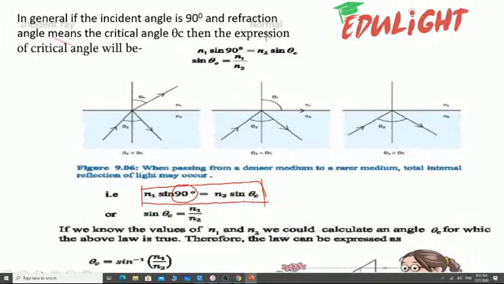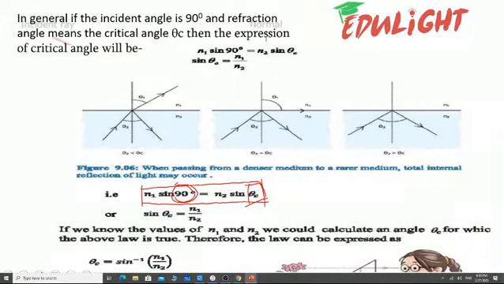Then eta 1 is the refractive index of the refracted medium, here in this case air, and theta c is the incident angle, because we are getting 90 degrees as the refracted angle. So the incident angle is theta c and the refracted angle is 90 degrees.